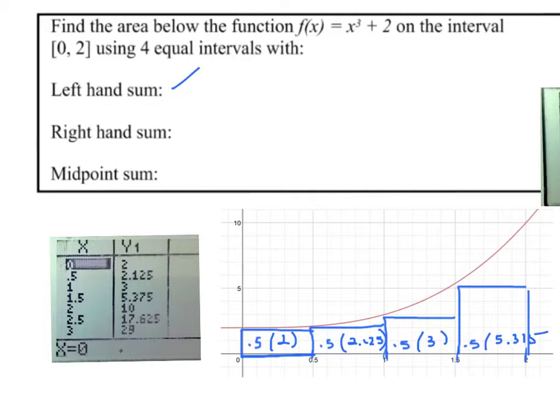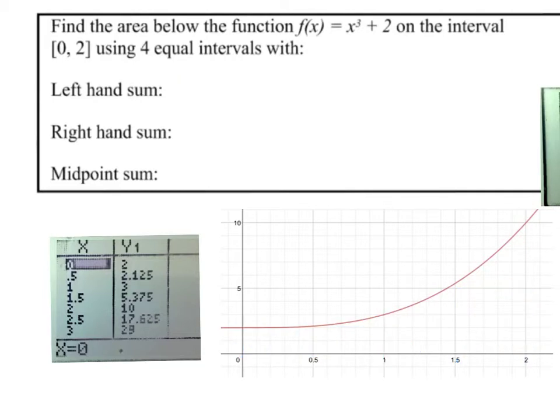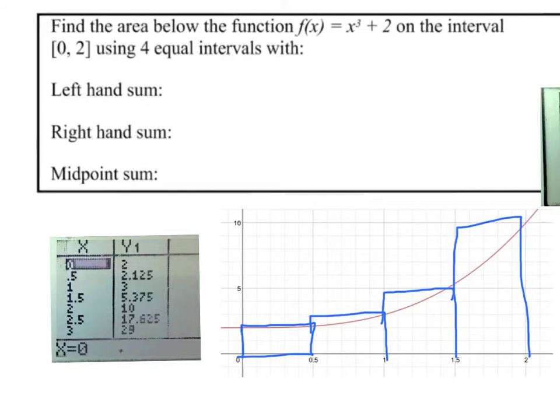Okay. Next, we're going to do the right-hand sum. Okay, so let me erase here if I can. And here, as we go from 0 to 0.5, 0.5 will set our height. Now you can see, my bad rectangles notwithstanding, that the right-hand sum will definitely give us an overestimate, as it will for anything that is increasing and concave up.